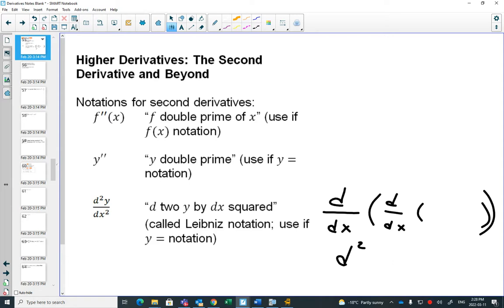Technically, if the mathematicians were proper with their notation, they should probably write that dx squared in brackets. But mathematicians don't like brackets and just sort of go, yeah, but I know consistency, sometimes they let it go. It looks like just the x is squared, but technically, d squared y.